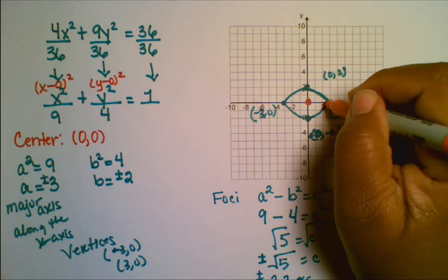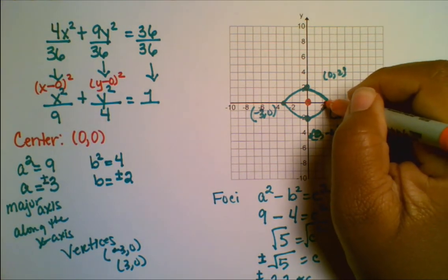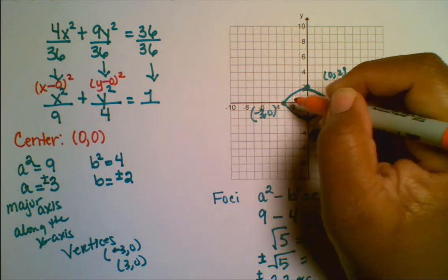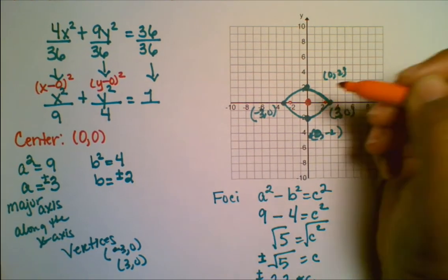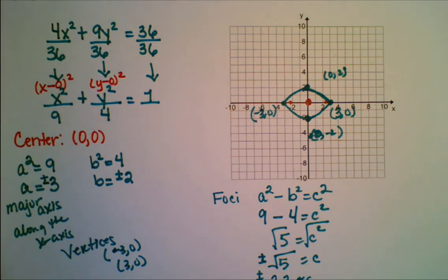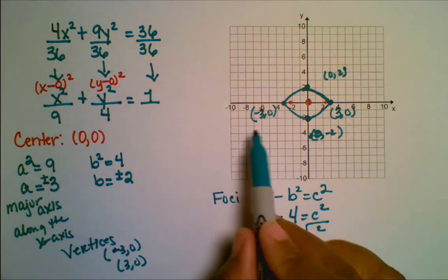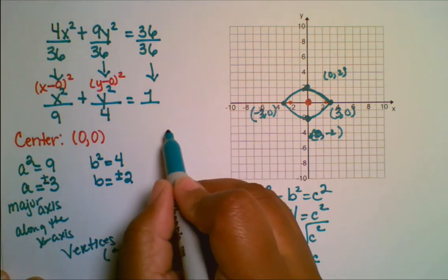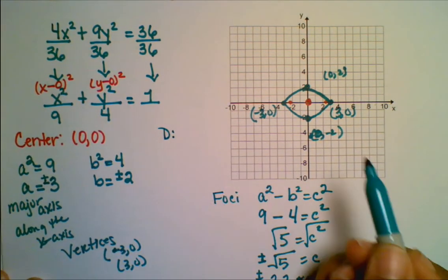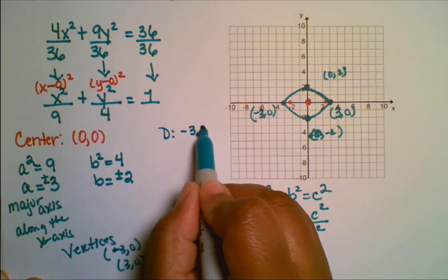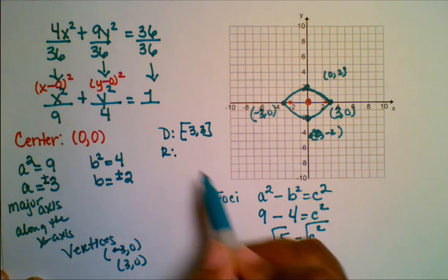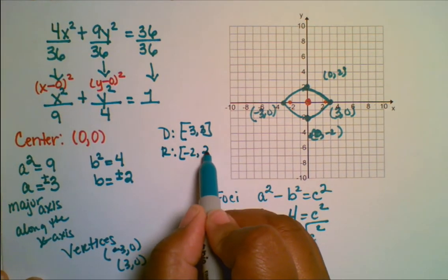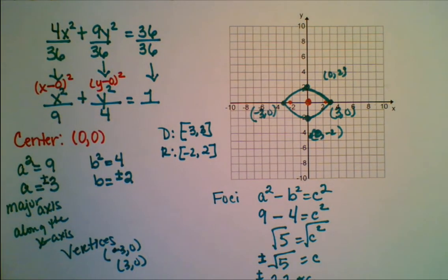So somewhere right here. Positive 2.2, negative 2.2. That will be our foci. And then lastly, our domain. Look at your graph. Our domain is from negative 3 to 3. And our range is from negative 2 to 2. There's our graph.